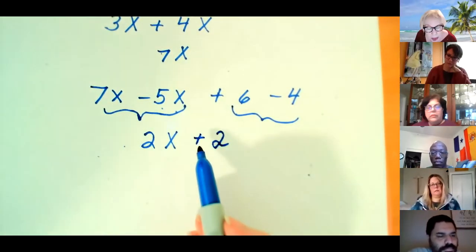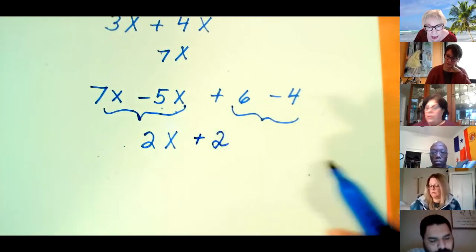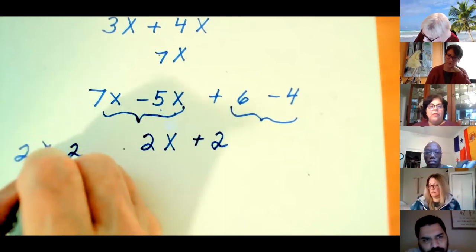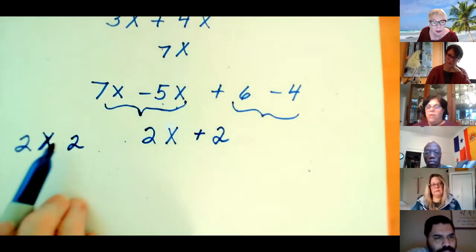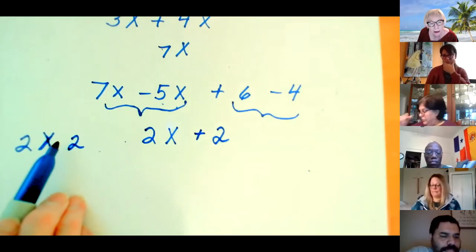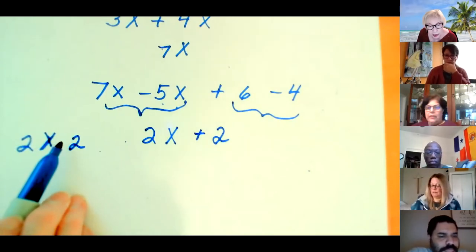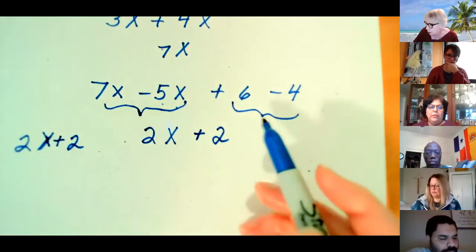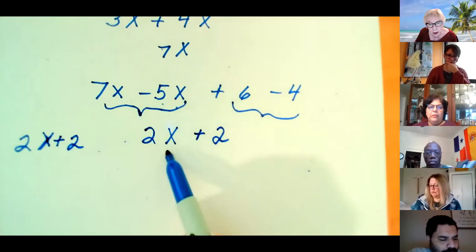If I didn't put the sign in, I would have to take it as multiply. 2x2. Without a sign, not having a sign means multiply. And this is not multiply, this is actually add. So these two went together for 2x.